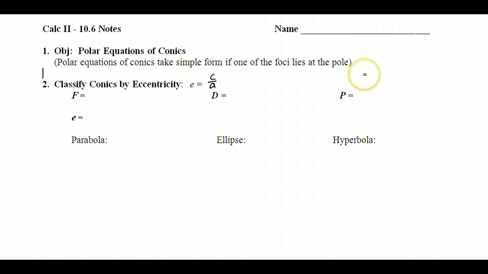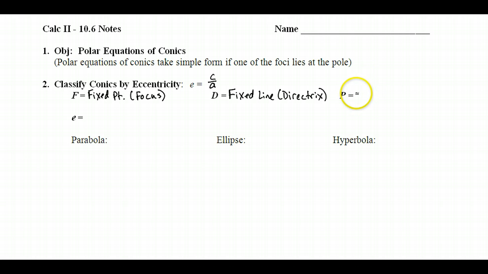And just to go through and review our conics a little bit, we will have F, which is going to be a fixed point, or our focus, and remember, we have to have one at the pole. D is our fixed line, or our directrix, and we really only talked about having a directrix with a parabola, but there's a directrix also when graphing an ellipse and a hyperbola.